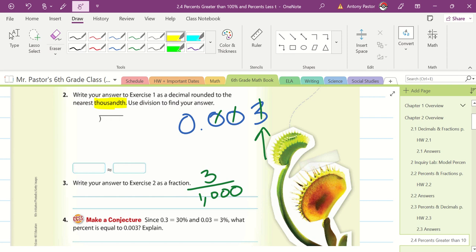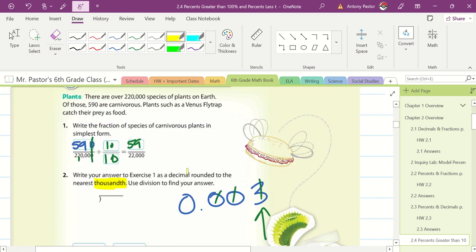So this is where it's very important that we pause and rewind if we need to. So again, let me recap what we've done so far. There are over 220,000 species of plants on Earth. Okay, that is our denominator. 590 of those are carnivorous. Around. It says over, but around. Write this as a fraction, which we did. 590 over 220,000.